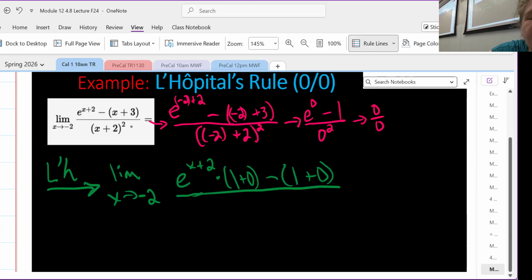Now on the bottom, as it's set up, we're going to have to use the chain rule. So I've got things squared. So derivative of u squared is 2 times u. So I have 2 times x plus 2 times derivative of the inside is 1 plus 0.